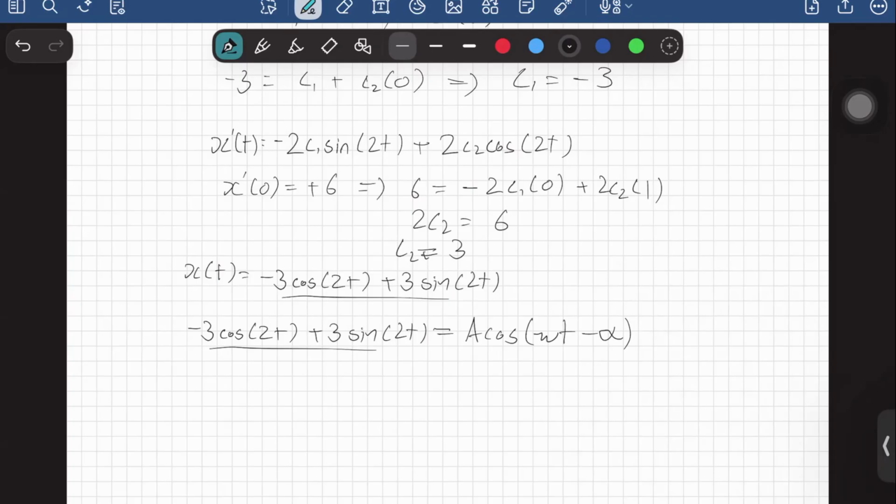So when we're comparing it, we basically just have to change what form we are writing this in.